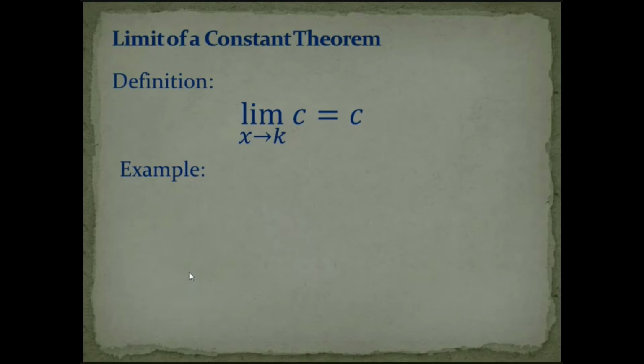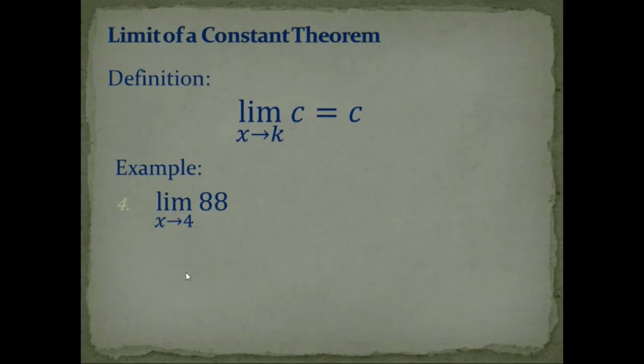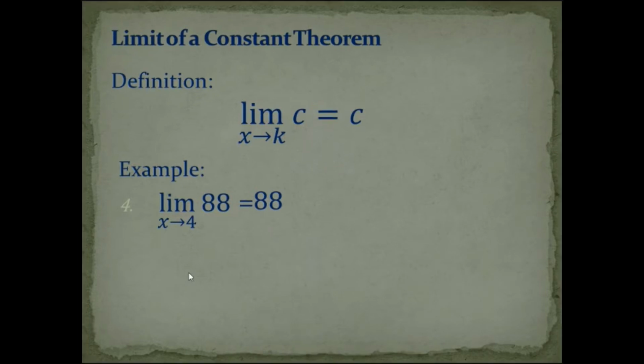What do you think yung limit ng 88 as x approaches 4? Okay, the correct answer is 88. For number 5 problem, what's the limit of pi over 5 as x approaches 1/2?